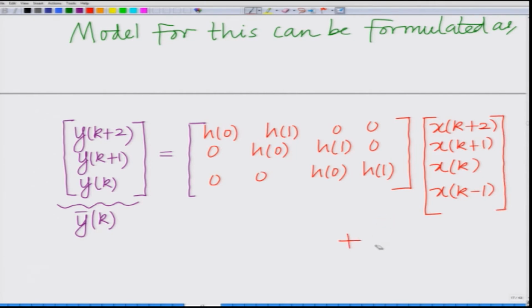plus the noise vector, which is Vk plus 2, Vk plus 1 and Vk. And of course, you can verify this: Yk plus 2 equals H0 times xk plus 2 plus H1 times xk plus 1 plus Vk plus 2, and so on.